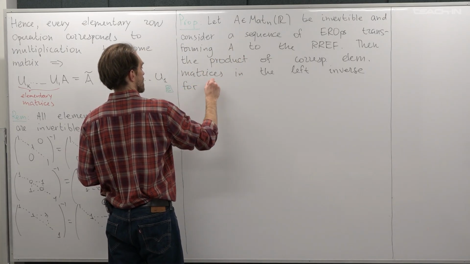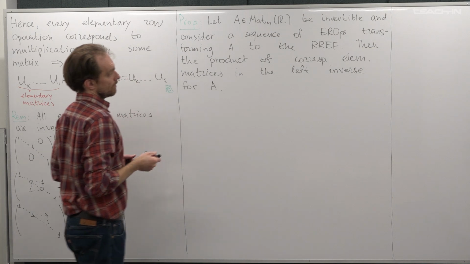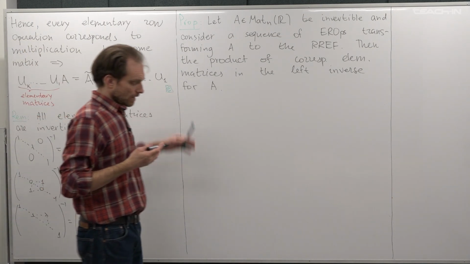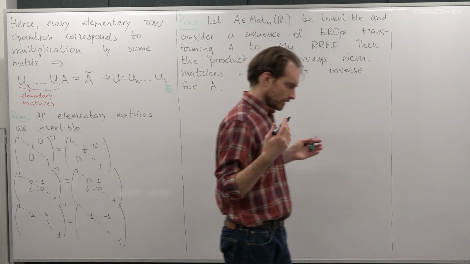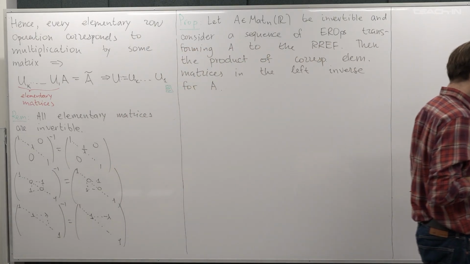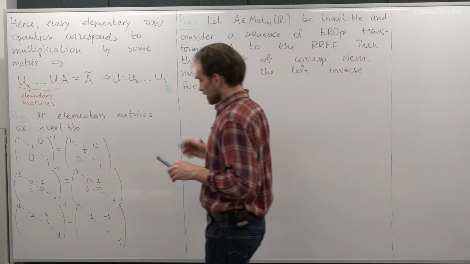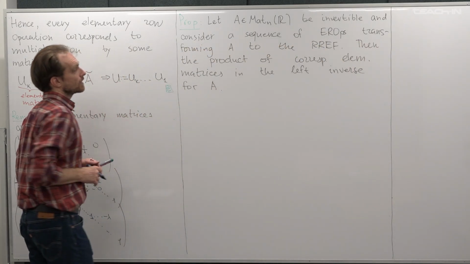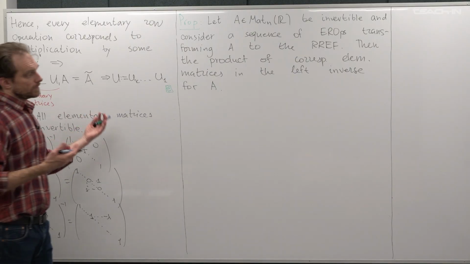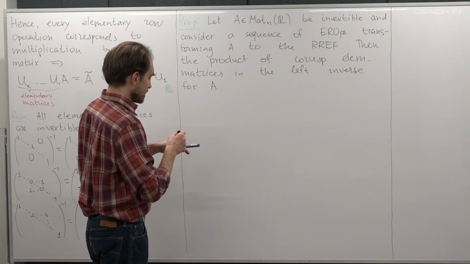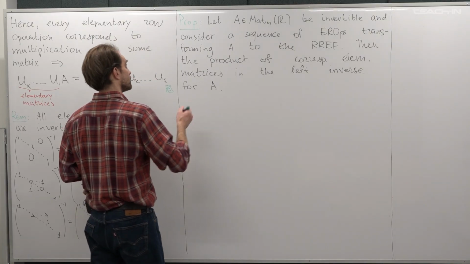So in fact it is the inverse, but we did not prove yet that the existence of the left inverse implies the existence of the inverse, so we'll prove it a bit later. But that's why now we just prove that the product of these matrices, multiplied by our matrix from the left, gives the identity. So this is what we're going to prove.